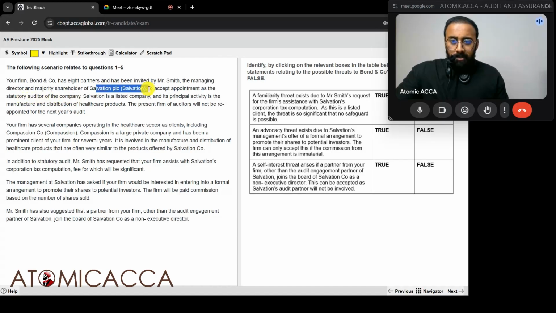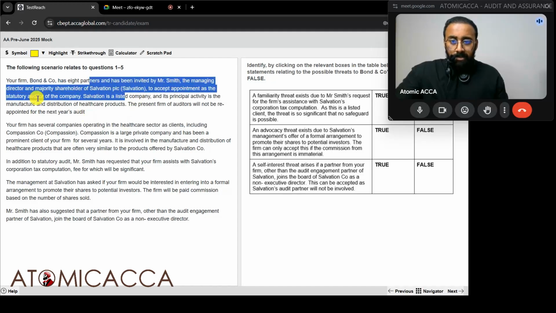So this is the client company, this is the firm. Salvation is a listed company, and its principal activity is the manufacture and distribution of healthcare products. The present firm of auditors will not be reappointed for the next year's audit. So you are invited to accept the audit over here, and the existing auditor is being replaced, which means you are a fresh auditor over here. This is a new client for you.